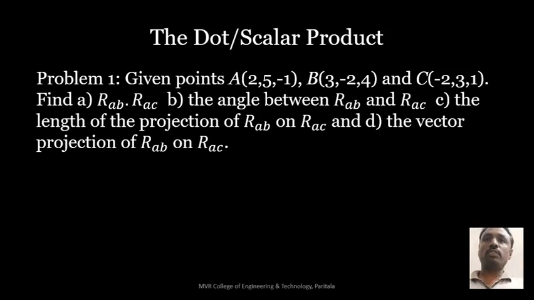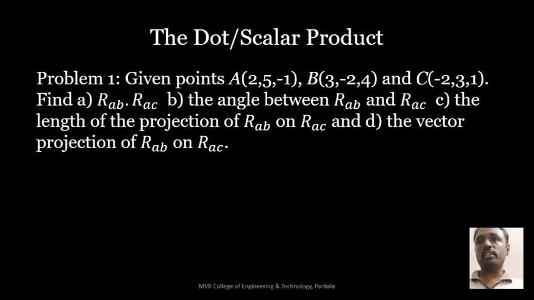Now we need to identify the angle between RAB and RAC. Now we identify the dot product. A dot B we know, and we can also identify the magnitudes of RAB as well as RAC. How can you identify the magnitude of RAB? The magnitude of RAB is equal to the square root of component 1 square plus component 2 square plus component 3 square.